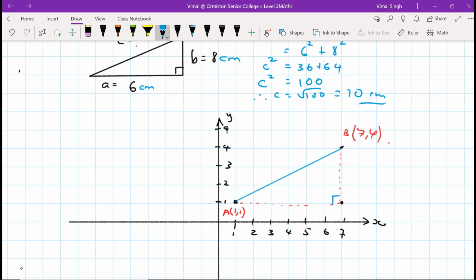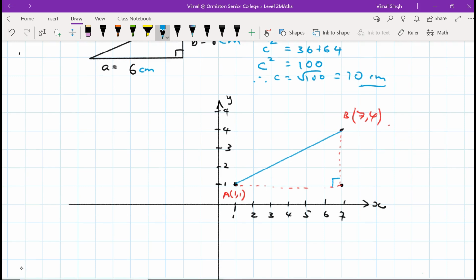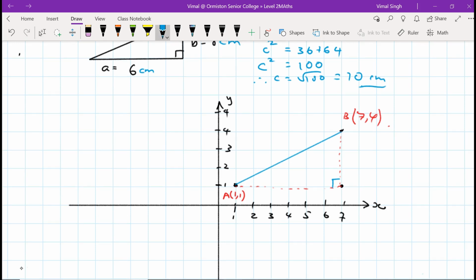So again, I need to figure out how to work out the length of this line AB. What I know is that if I form a right angle triangle, then I can figure out the lengths of the two shortest sides. So let's figure out the length of the longest side over here.